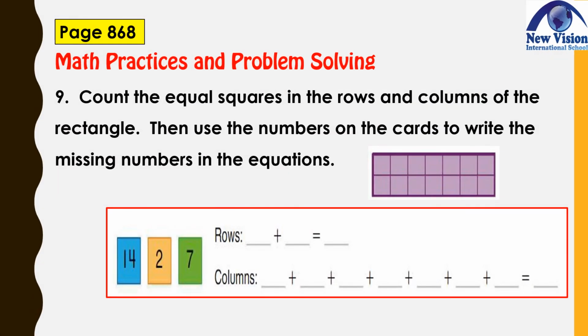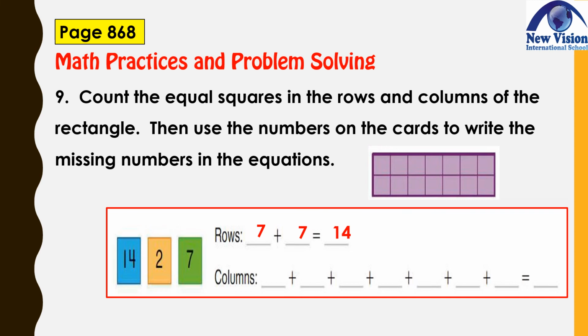Number 9. Count the equal squares in the rows and columns of the rectangle. Then use the numbers on the cards to write the missing numbers in the equations. So we have here rows. We have 7 plus 7 equals 14. There are 2 rows. In each row, there are 7 squares.